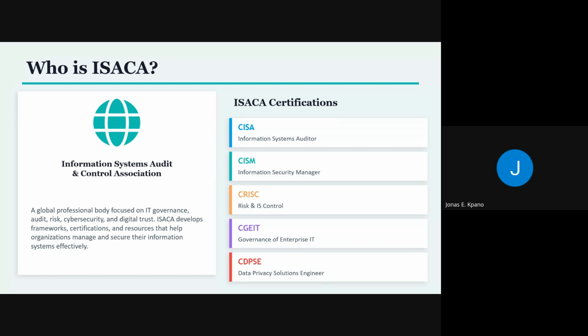Some of the certifications that ISACA provides include the CISA, which this session is about. CISA is the Certified Information Systems Auditor. Then they also have the CISM, which is the Certified Information Security Manager. They also have CRISC, which is the Certified in Risk and Information Systems Control, Certified Governance of Enterprise IT, and Certified Data Privacy Solutions Engineer.